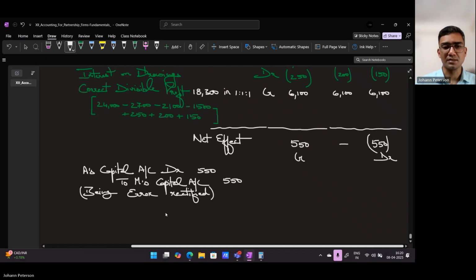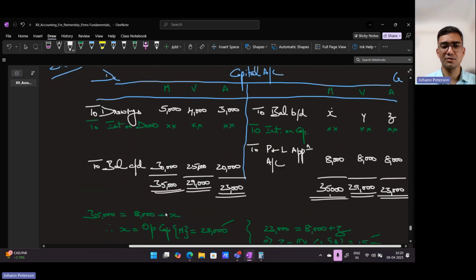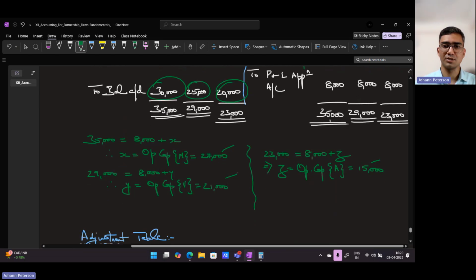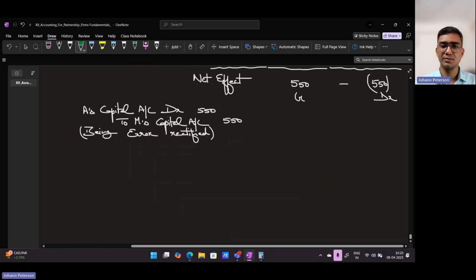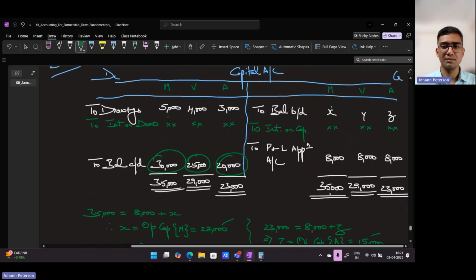Therefore, the entry is A's capital account debit 550 to M's capital account. A is debited and M is credited.